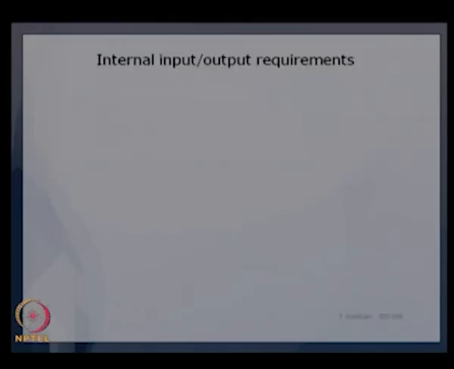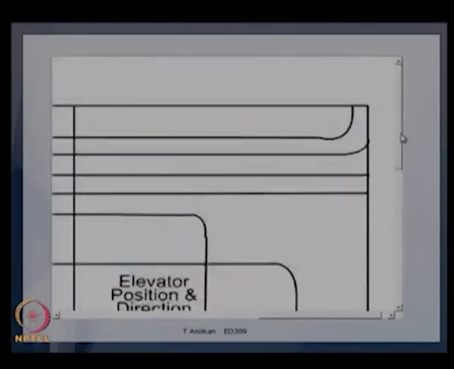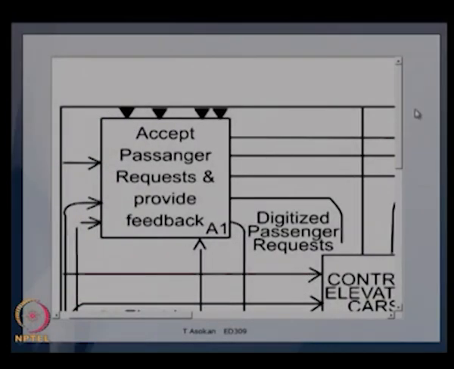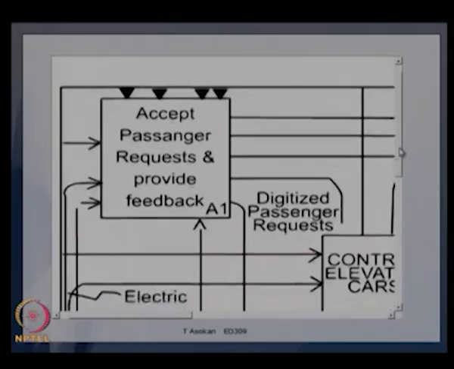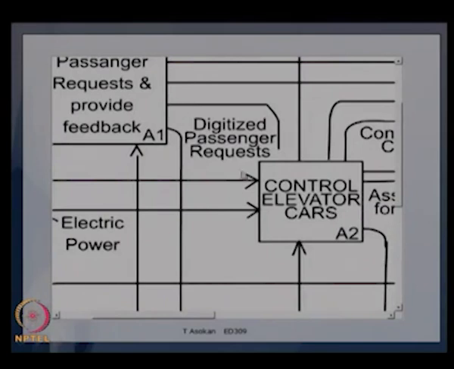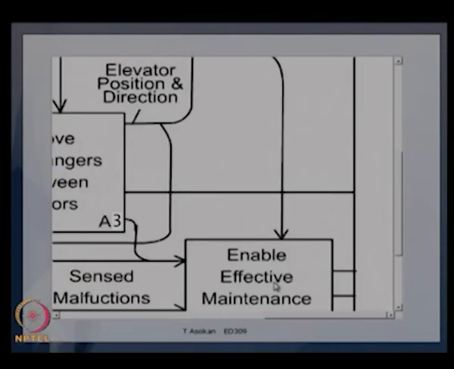The internal input output requirements, basically if you look at the example given for the elevator system, you can see that when you allocate the components of the system, these are the main functions A1, A2, A3 and A4 in terms of the IDEF0 diagram. So this is A1, this is A2, this is A3, and then you have the A4 function.